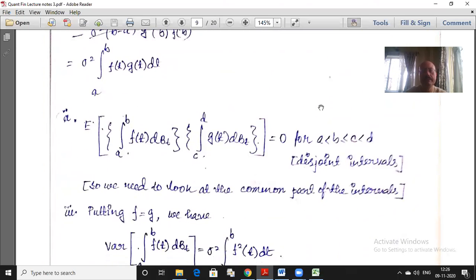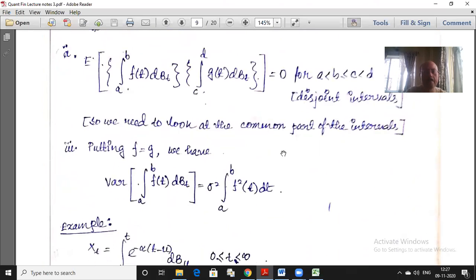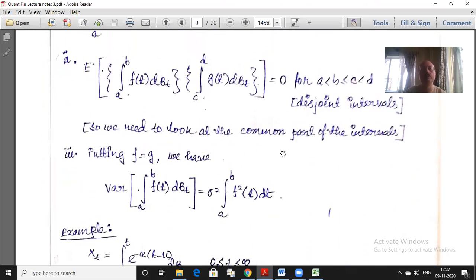The second result is just a corollary: if I try to do this on disjoint intervals, a to b and c to d, where these two intervals are disjoint, then it will certainly be 0. That is straightforward. We already know that. What is a more important application of this formula is about the variance. When I put f equal to g, I am essentially interested in the variance of this integral.